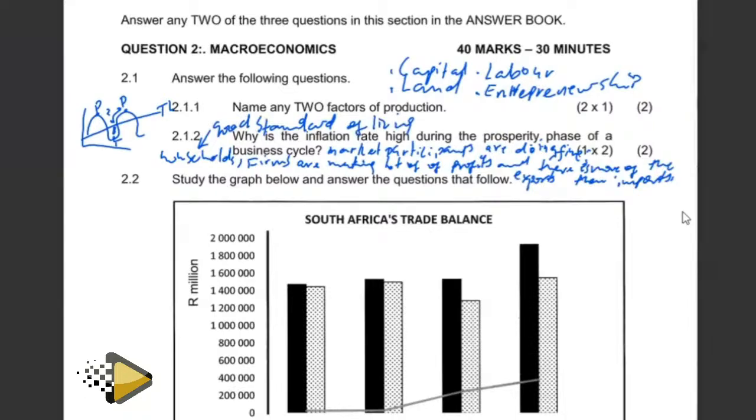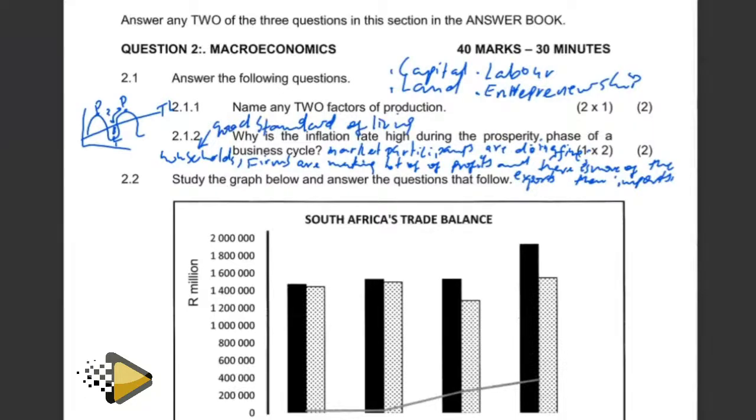Okay, right. So now, in that regard, it means that the economic activities are doing extremely well, and there's going to be a lot of money in circulation. And the moment there's a lot of money in circulation, it means that the currency is going to lose value.